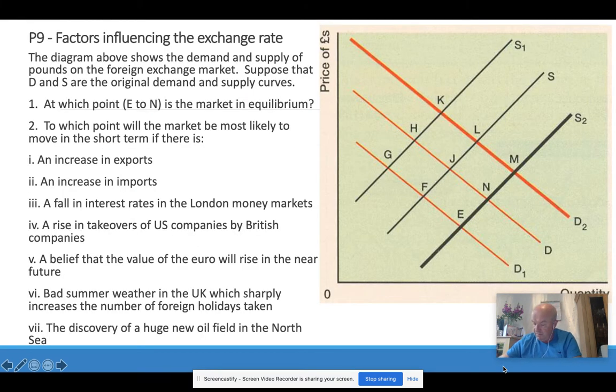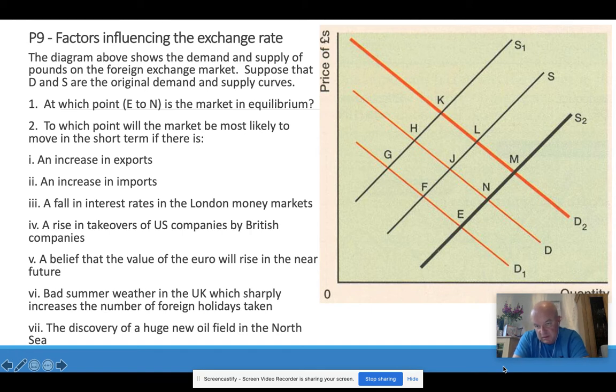Okay, so on page 9, just double check whether it is page 9, but it's the page following the one that we've just completed, and it's headed factors influencing the exchange rate. So you've got a situation here where you've got a whole range of different equilibrium points, all marked, and not only the equilibrium points, but also levels of supply and demand.